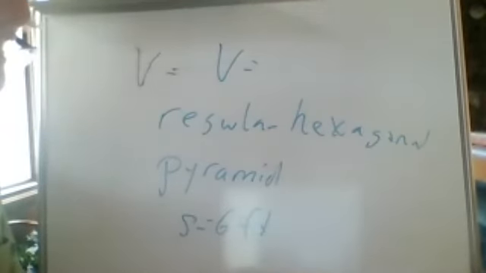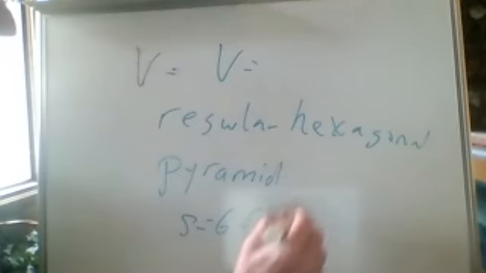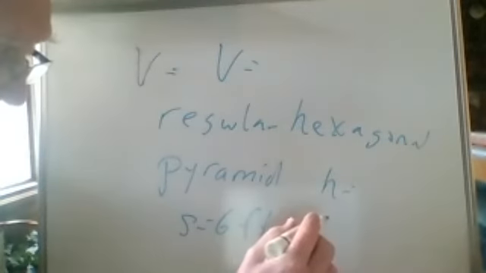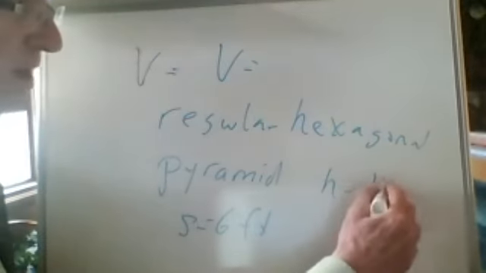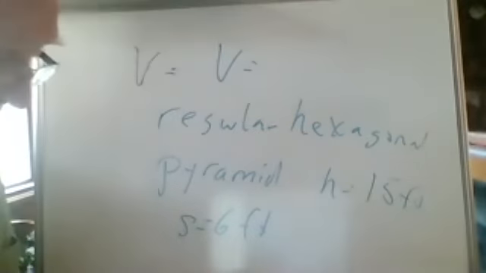So each side of your hexagon is 6 feet, and the height of the whole pyramid is 15 feet. And we're looking for the volume.